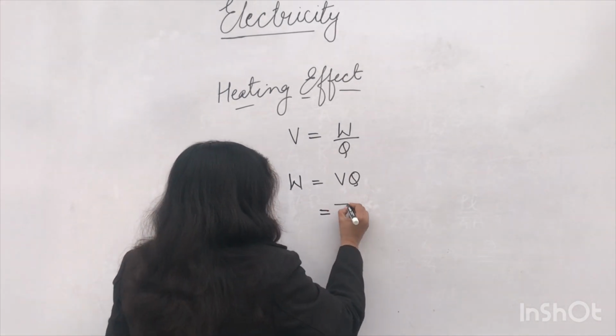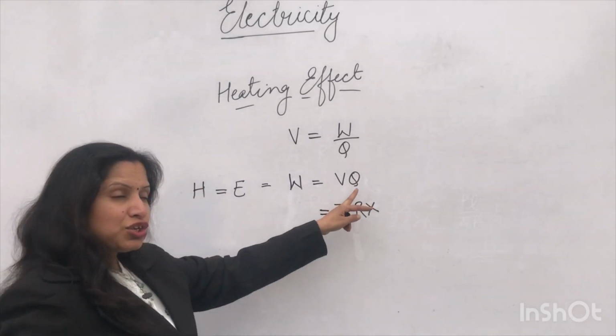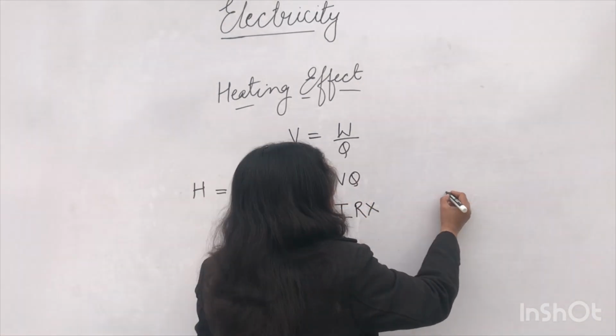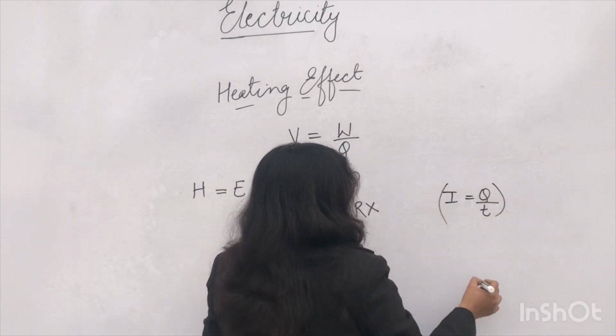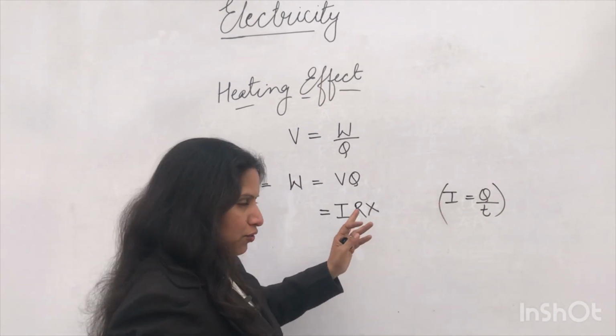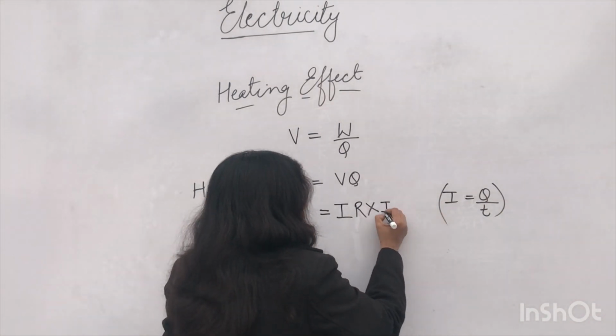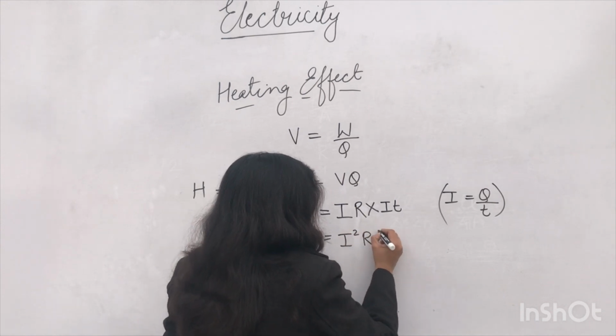V equals IR. So instead of V, I can write IR. And what is Q? If you remember, electric current is the charges flowing through a conductor per unit time. So I can write Q equals I into T by cross multiplying that. So Q equals IT, and we get I square RT.